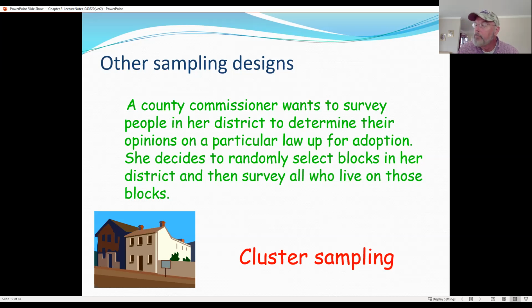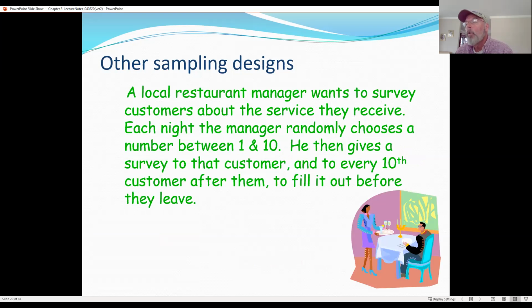All right, and a third sampling design is one reflected in this example. A manager of a restaurant wants to survey his or her customers, okay?